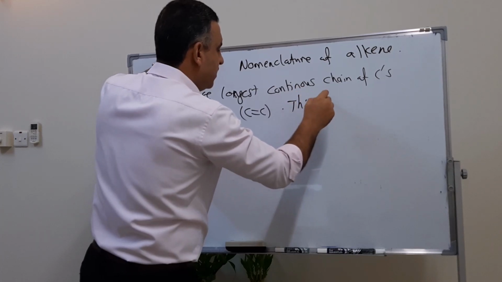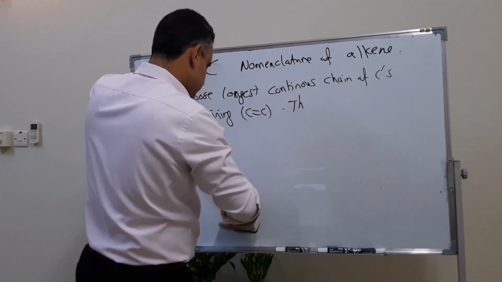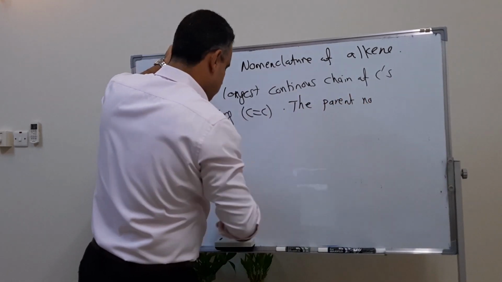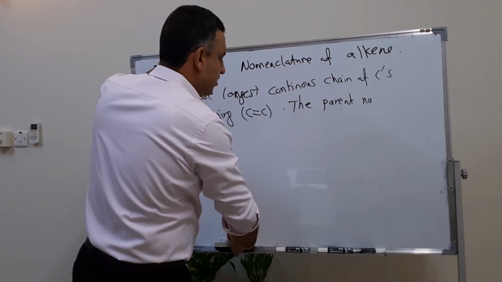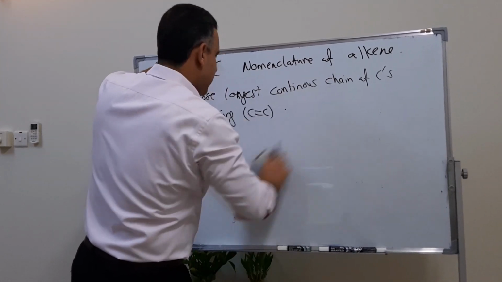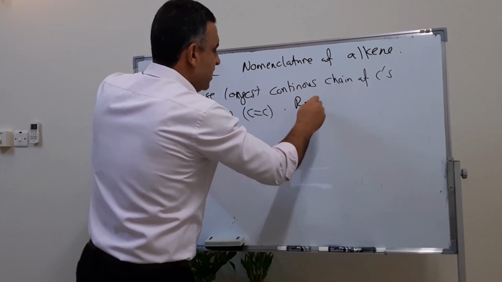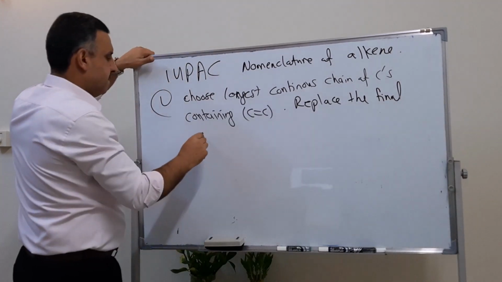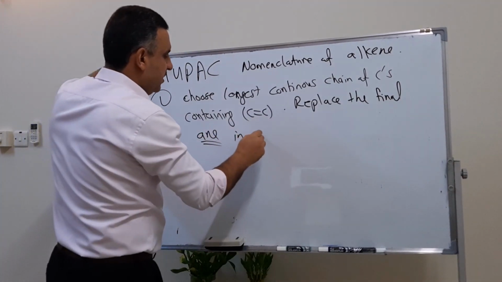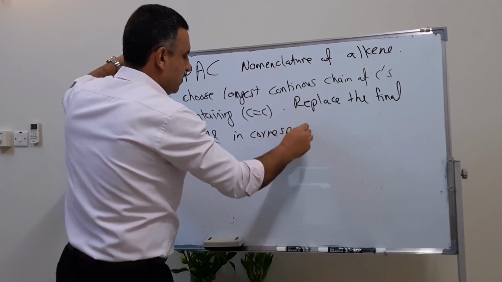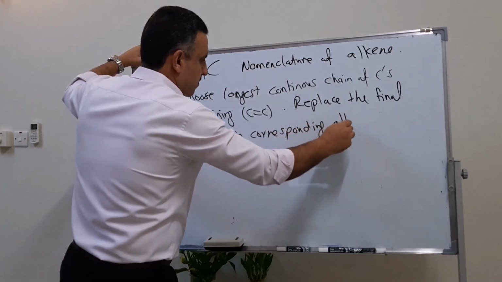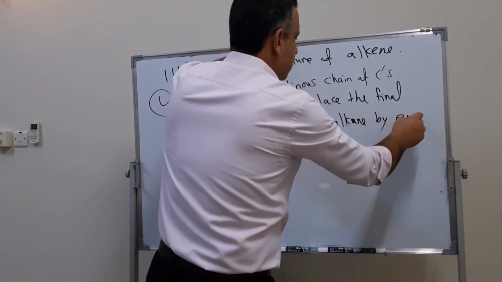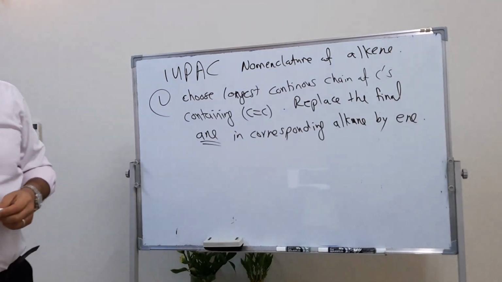This will be the parent name, or simply replace the final ane in the corresponding alkane by ene to show that we do have the alkene functionality.